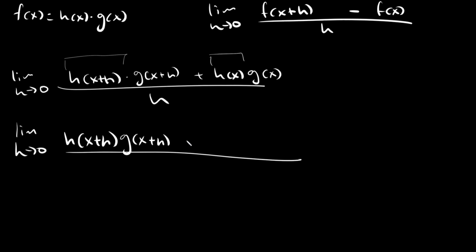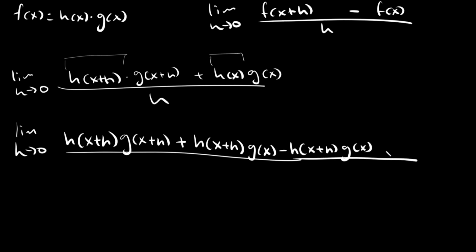So what I'm going to do is add h of x plus h multiplied by g of x, minus that again, plus h of x times g of x.